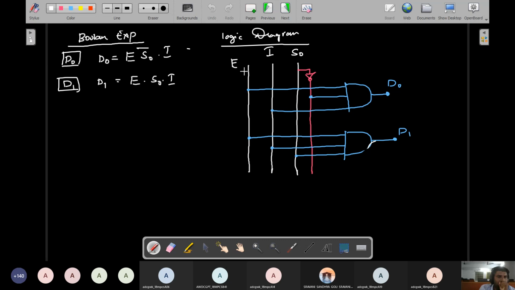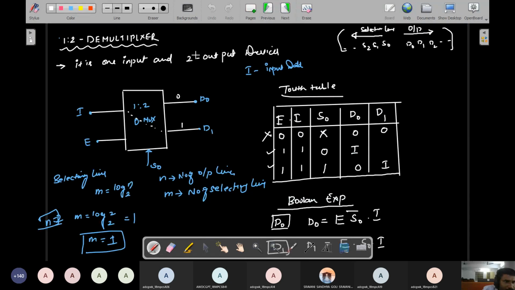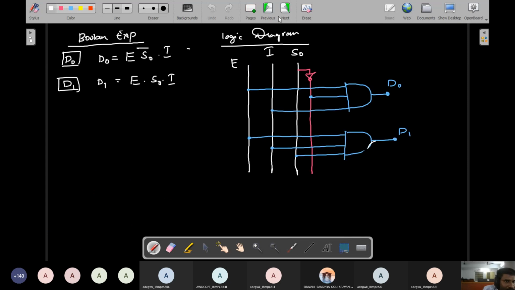Now I am explaining the 1:4 demultiplexer, repeating the same procedure. After the class you will get full clarity about demultiplexers. I move to another page.